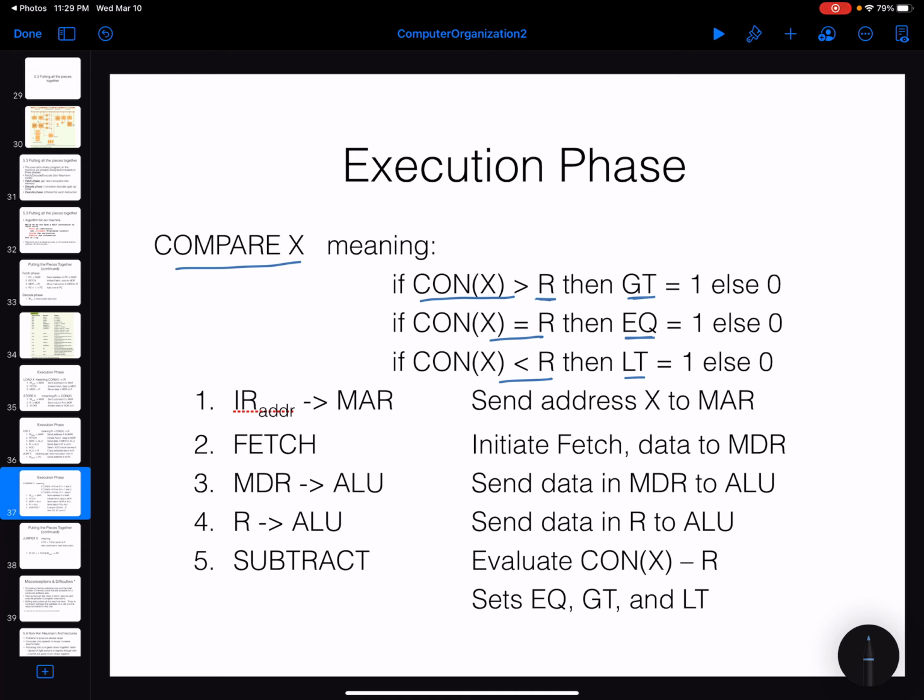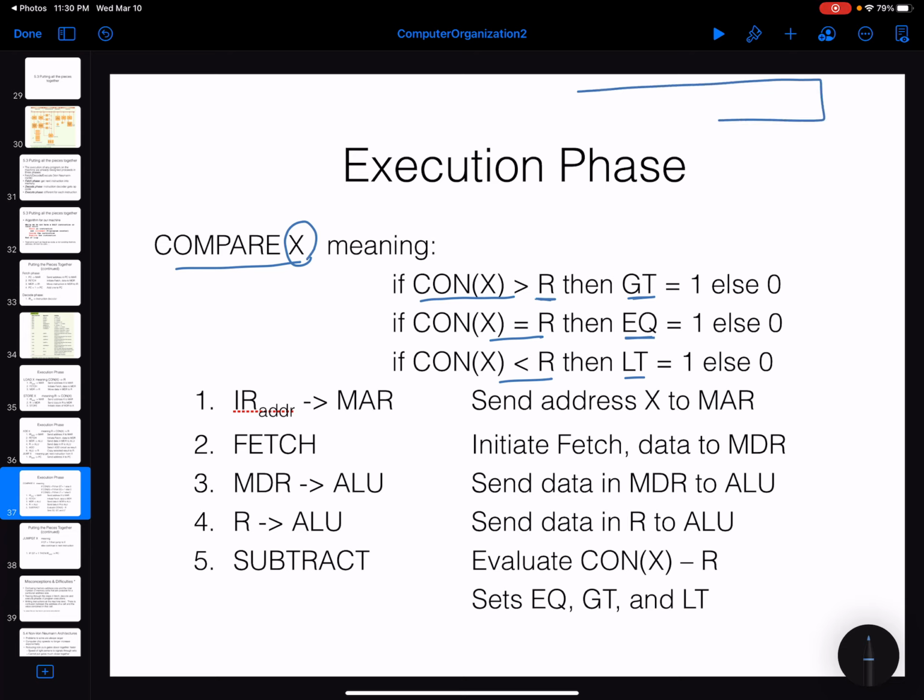Okay, so to be able to execute this comparison, I'm trying to tell you that we don't have a specific circuit for comparison. We can actually execute it using subtraction, and it is a very nice trick. Let's do it step by step. First of all, we need to take the value at the memory address x.